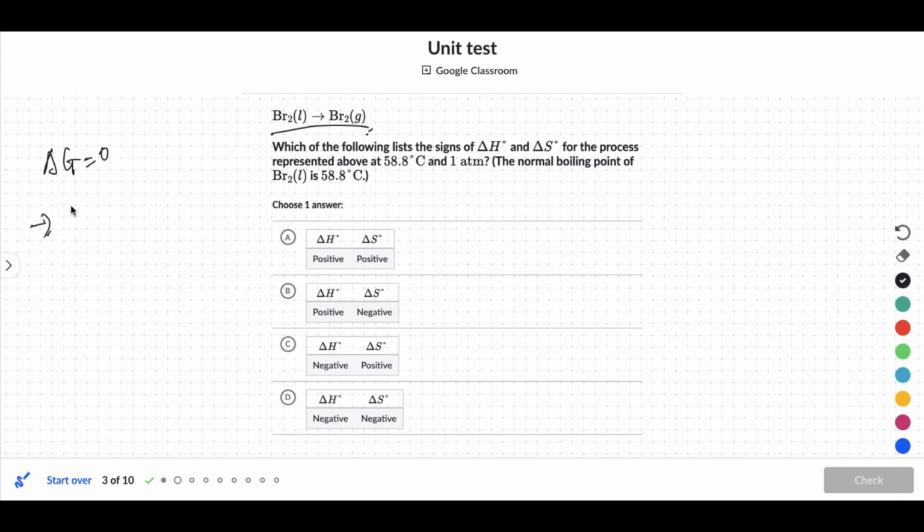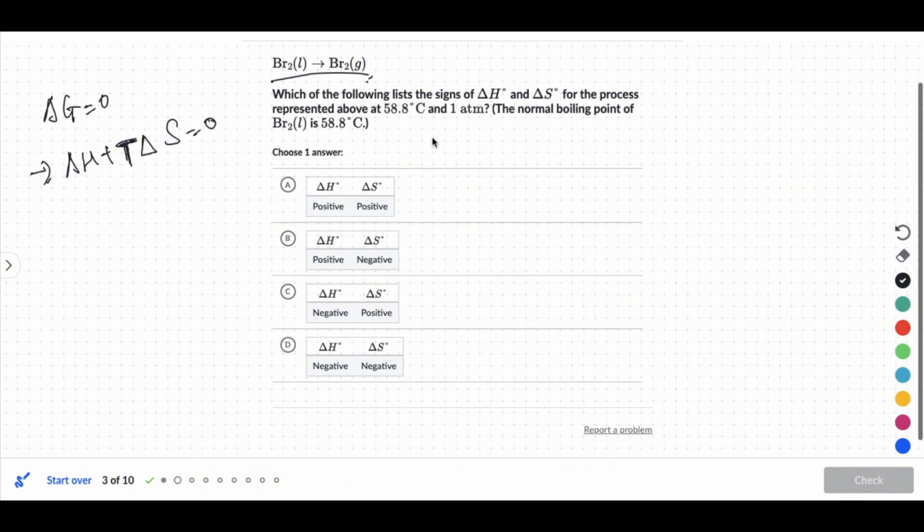Therefore delta H plus T delta S equals 0. Obviously our delta S should be positive, right? Because the particles are more dispersed, the entropy increases. So we can cross out B and D.